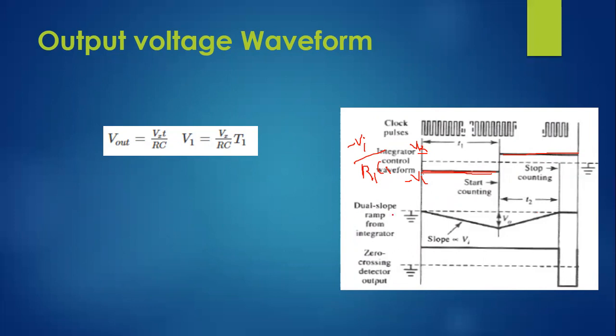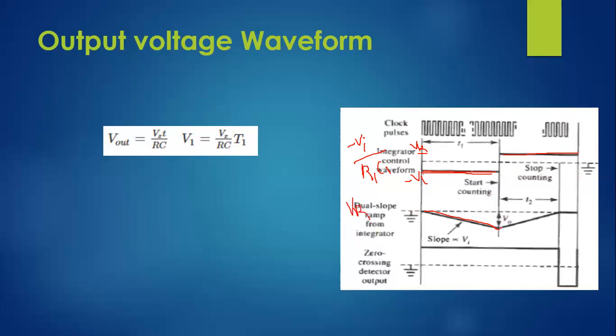Now, how is this dual slope ramp from the integrator produced? Initially it will be equal to 0. Now it keeps decreasing as a negative input voltage is applied. So it keeps decreasing till T1. Then it stops, and after that it compares with the reference voltage, that is plus VR.